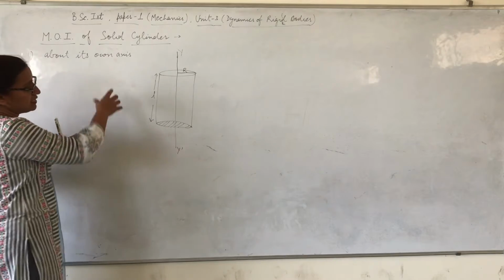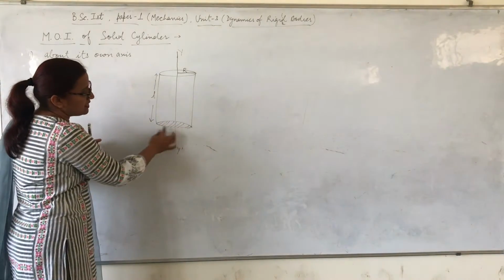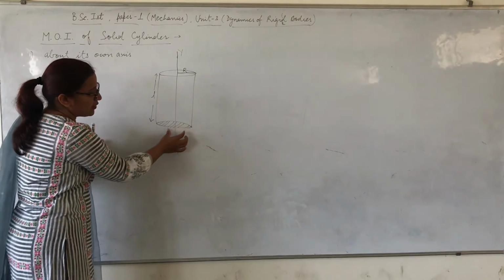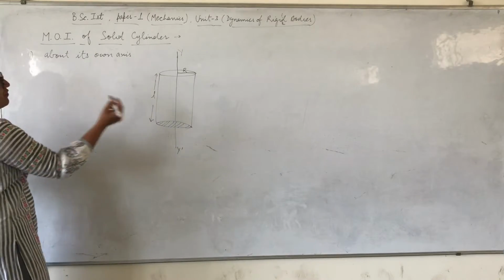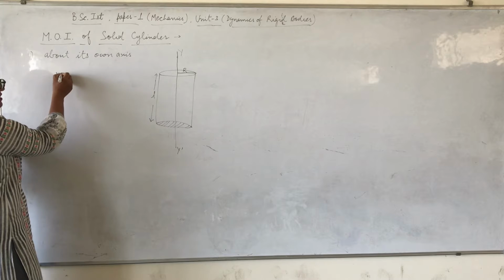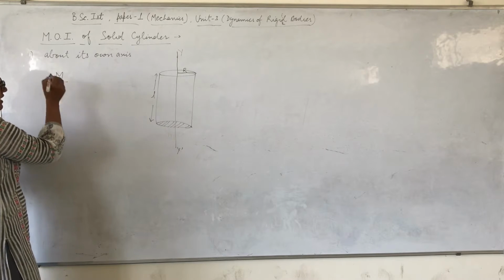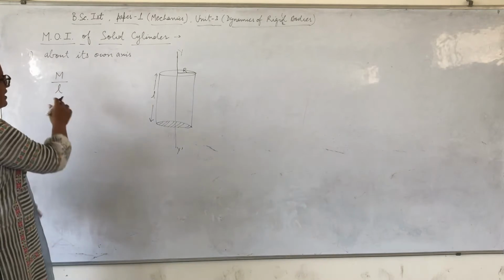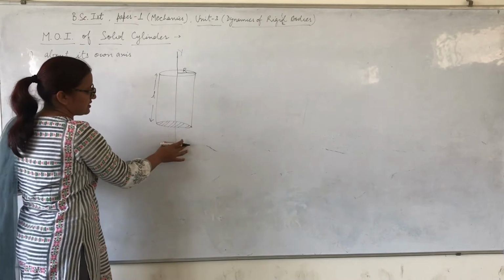First we need to calculate the mass of this elementary circular disc. If M is the mass of the cylinder, then M by L represents the mass per unit length of this solid cylinder.